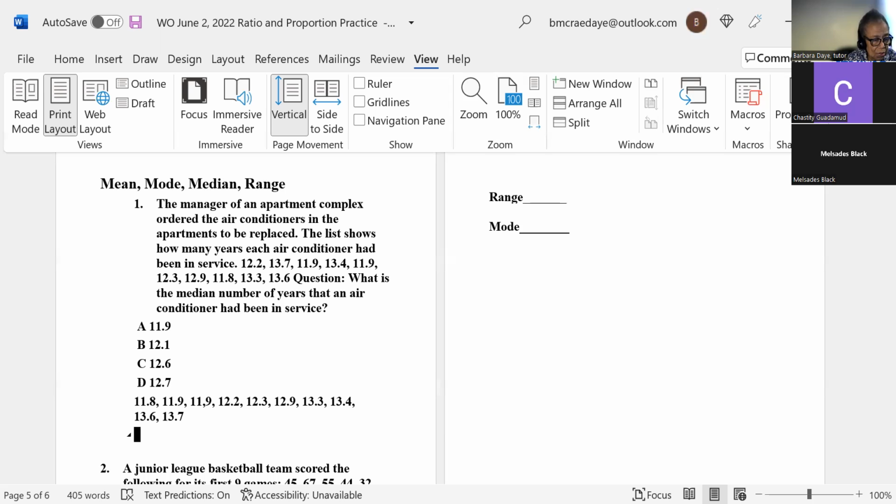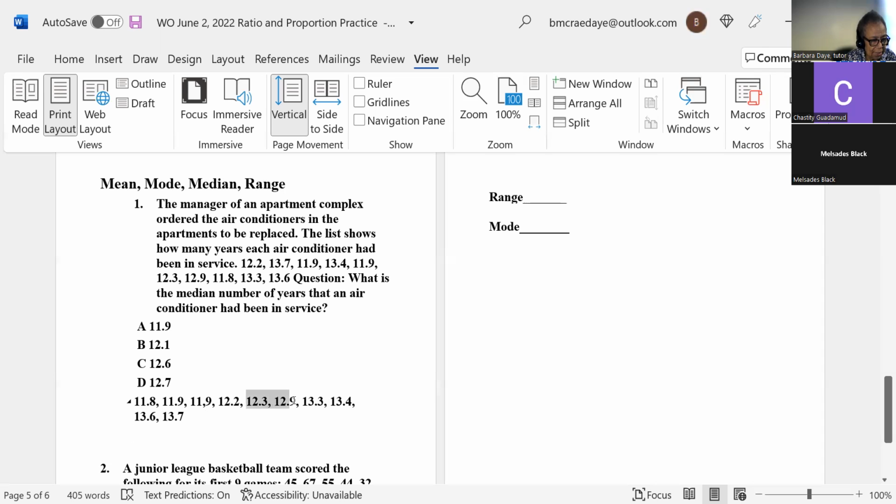In the middle, we have 12.3 and 12.9. You have 4 items, 1, 2, 3, 4, and 2 in the middle. Which 2 are in the middle, you said? 12.3 and 12.9. That's right.